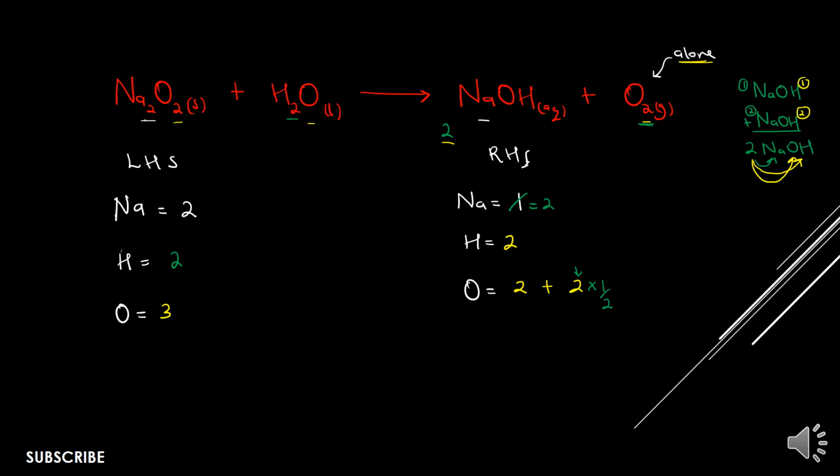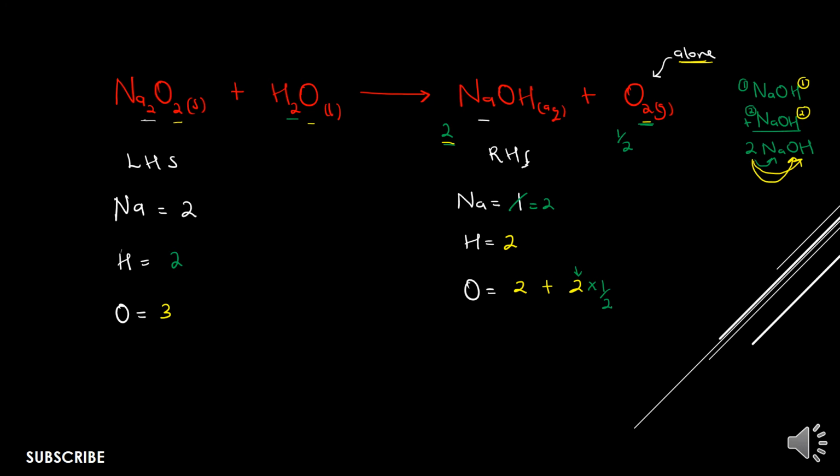So don't get lost. In this case, I'll have 2 plus 1, because 2 times a half is 1. So if I can somehow have an invisible 1 here, I'll be having the 2 oxygen atoms in sodium hydroxide plus the 1 oxygen atom. So I'll have 3. So after finishing all that, I'll now have to remove the denominator, these 2 here.